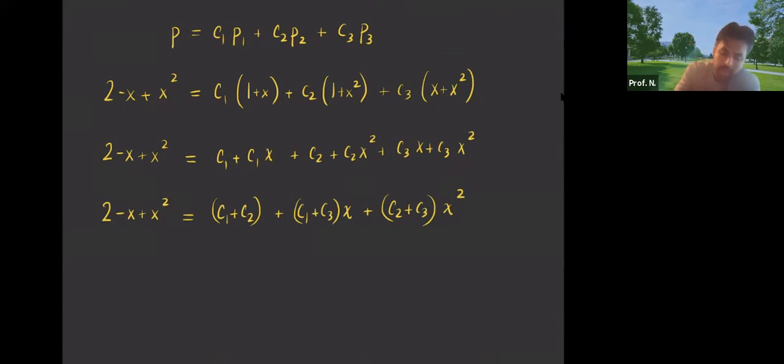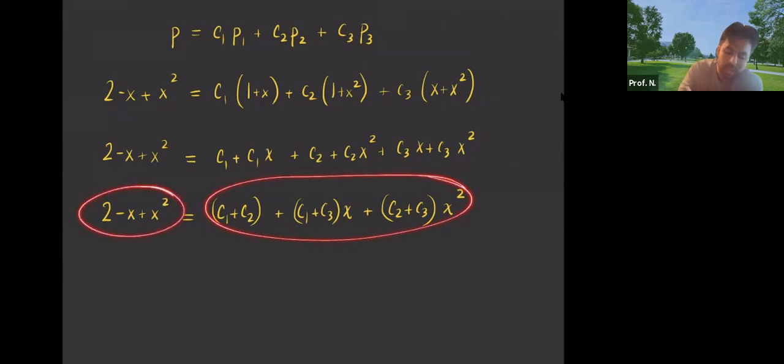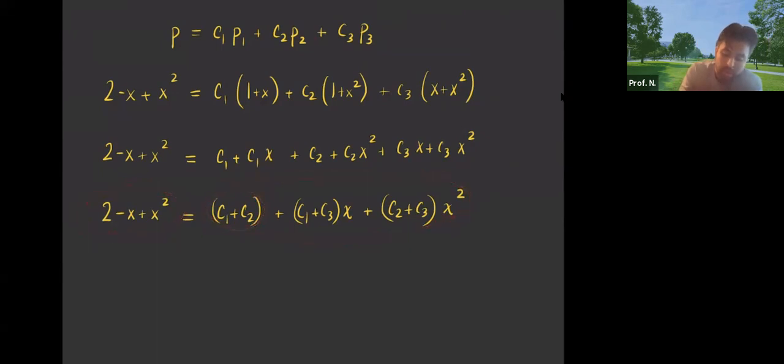This polynomial on the right side of the equation equals a polynomial on the left side, so the coefficients have to line up. They have to match. From this step, I get three equations. C1 plus C2 has to equal 2.